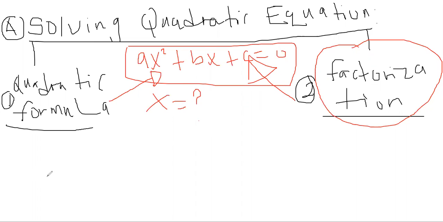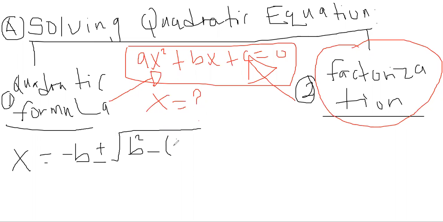So to use the quadratic formula, the formula states that x equals minus b plus or minus the square root of b raised to the power of 2 minus, I always put this in brackets, 4ac, so you know the minus sign is affecting everything here, all over 2a, or 2 times a.